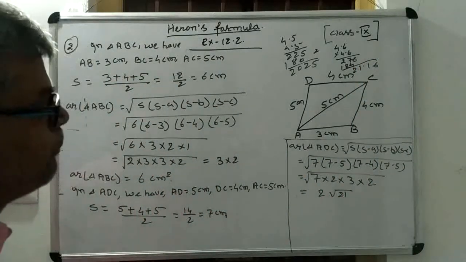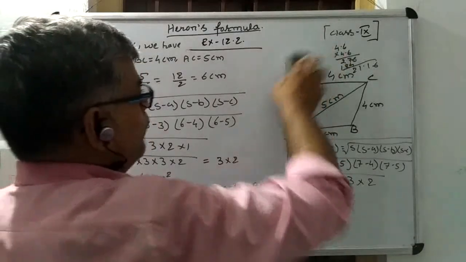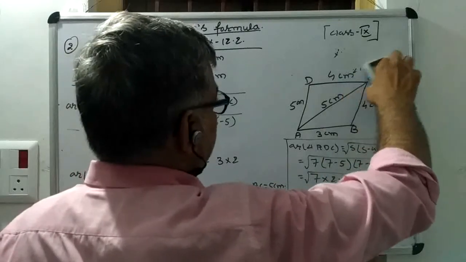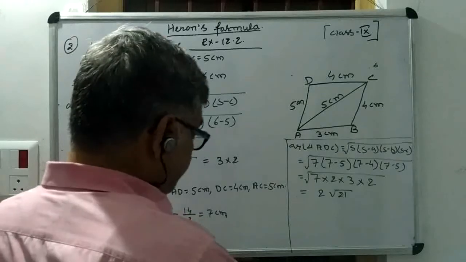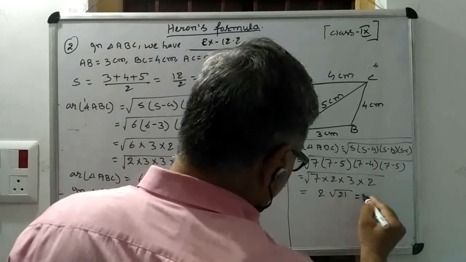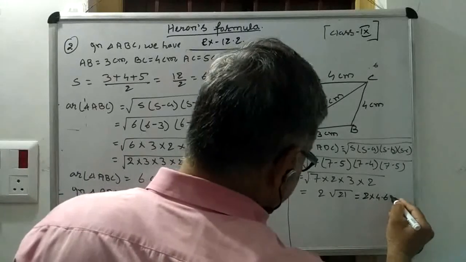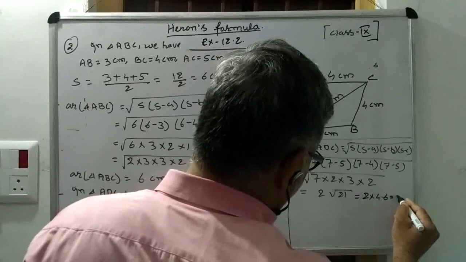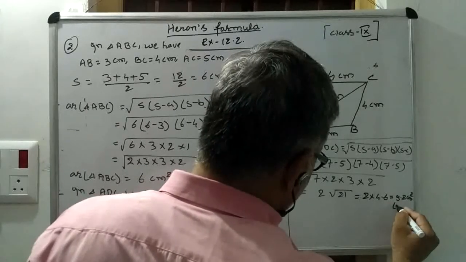So I think 4.6 is a more accurate value. So the square root of 21 is 4.6 approx. Then 2 into 4.6 is 9.2 centimeter square, which is approx.